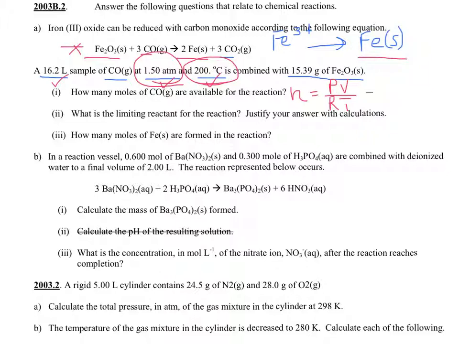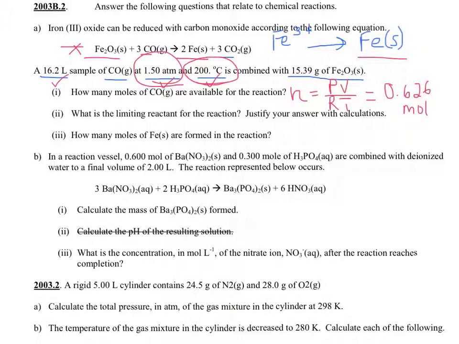And when we plug those correct numbers into our PV equals nRT, we wind up with 0.626 mole of the carbon monoxide.